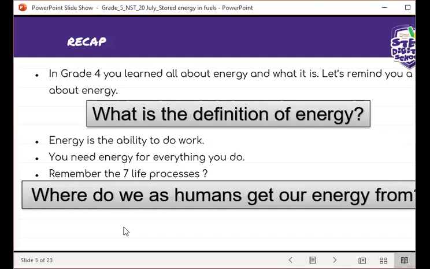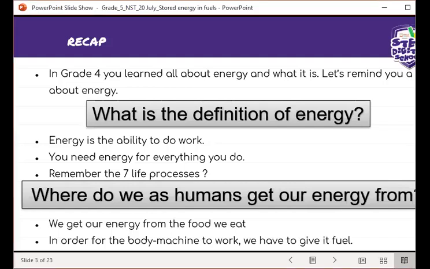Let us see what we have in the slide. So we get our energy from the food we eat. Most of you said that from plants, from animals, and from the sun. We already know that the food we eat comes from plants, and other foods that we eat come from animals.